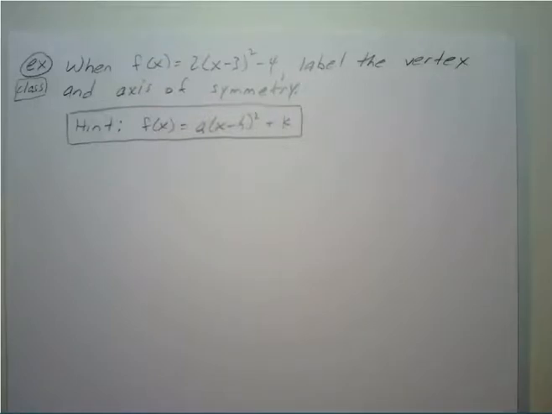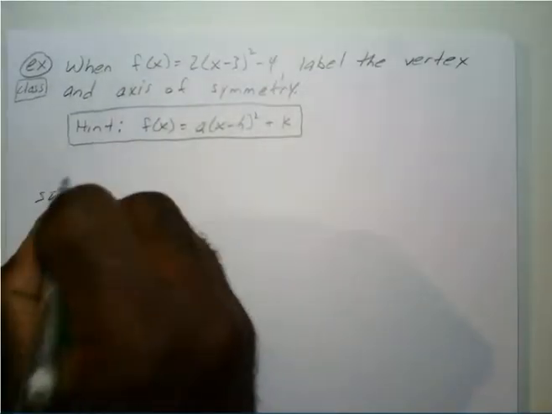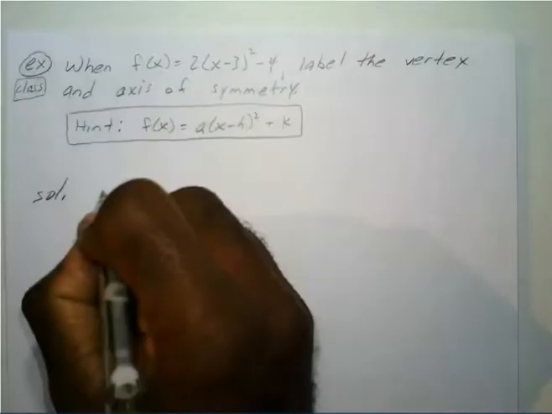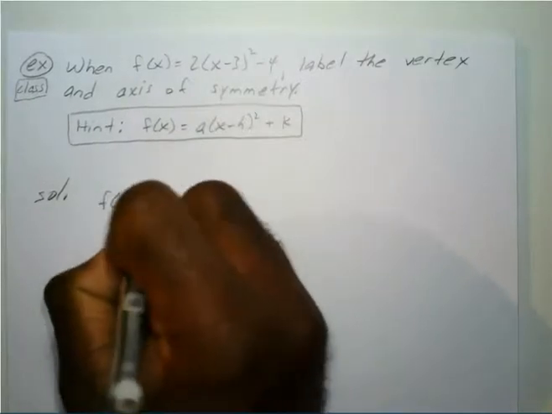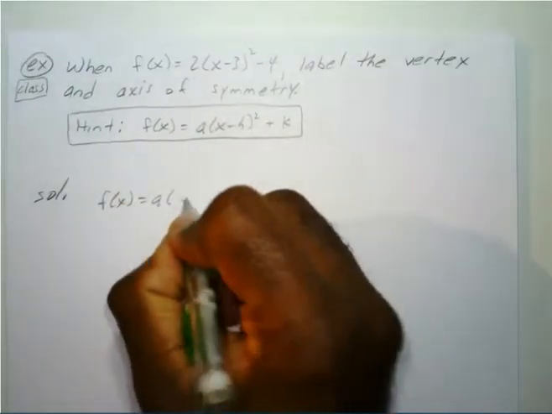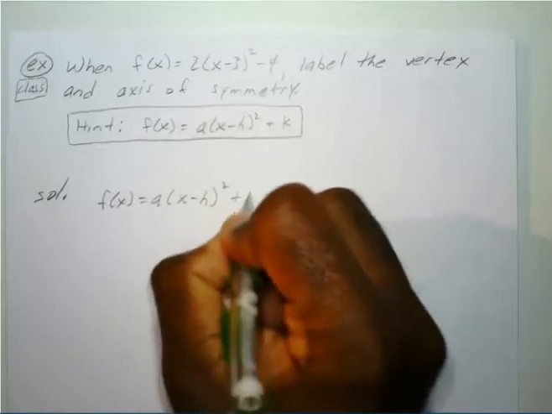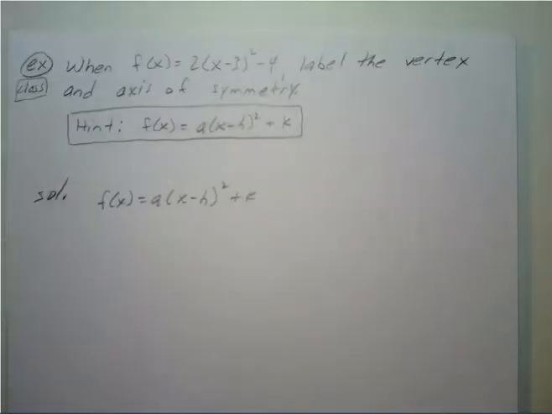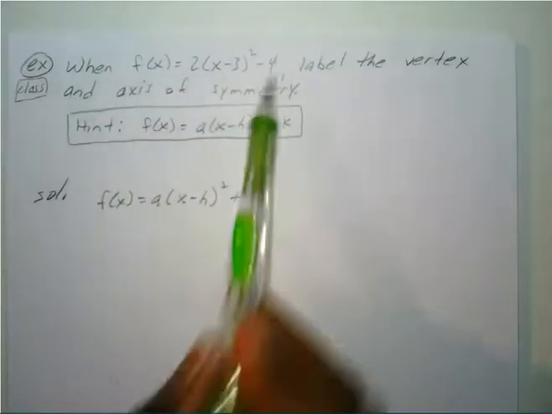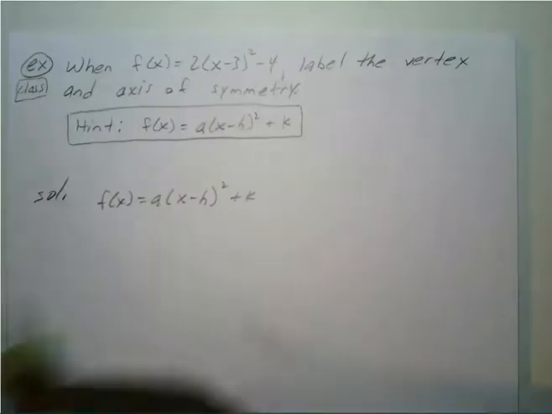All right, so I'm assuming you've pressed pause and you've already worked this one out. So let's go ahead and verify. We know that f of x equals a times x minus h squared plus k. So we're going to put this right up under this and match everything up.